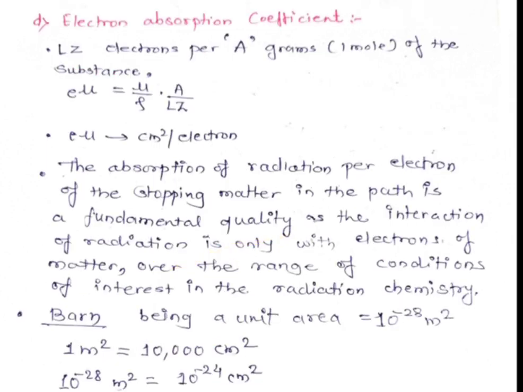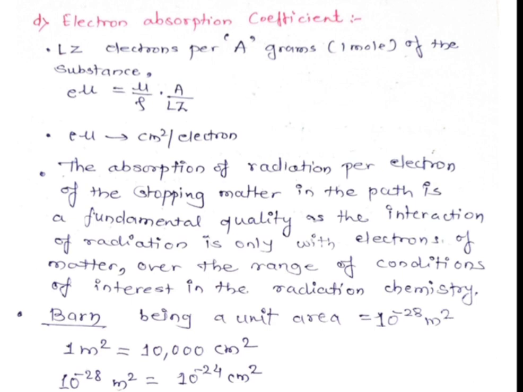Now, we will see the fourth kind of absorption coefficient, and that is the electron absorption coefficient. So, LZ electrons per A grams, that is 1 mole of the substance. This is the definition of the electron absorption coefficient. Again, we know that when we take any substance, Avogadro's number of molecules are present in it. So L is taken into Z, where Z is the atomic number.